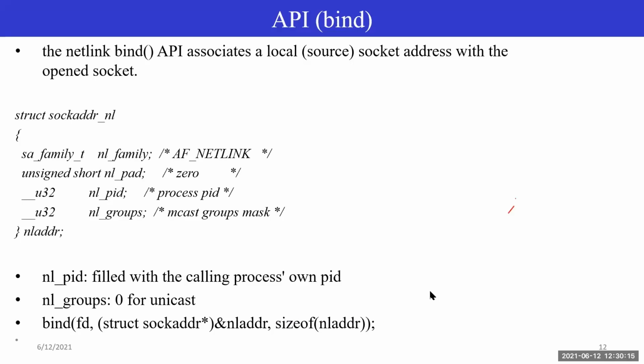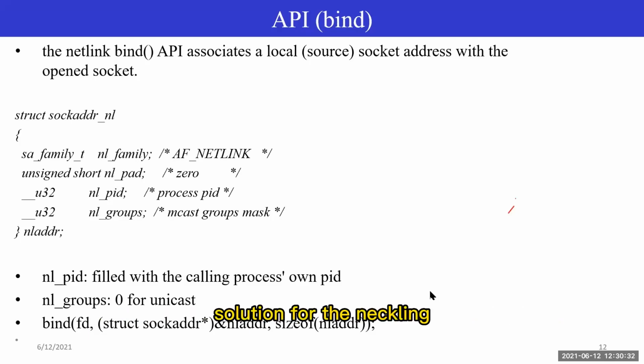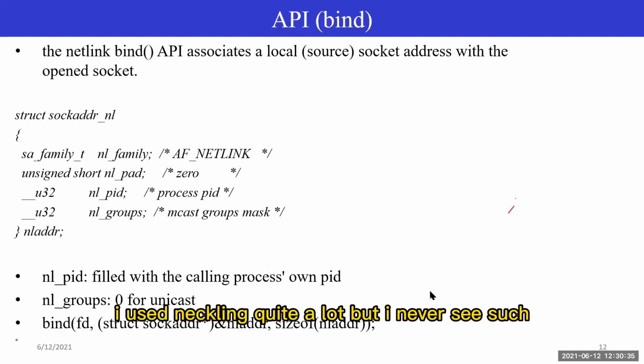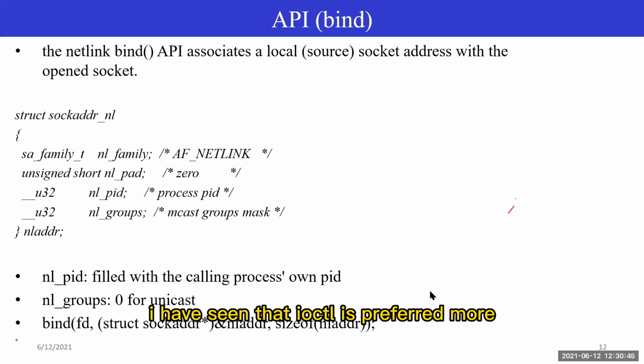One question here. Netlink sockets sometimes miss messages also. Very rarely, but yes, it can. So is there any mechanism that gives a foolproof solution for Netlink? I use Netlink quite a lot, but I have never seen such a case where Netlink misses the event. Actually, what we have seen is that IOCTL is preferred more when message guarantee is a concern.